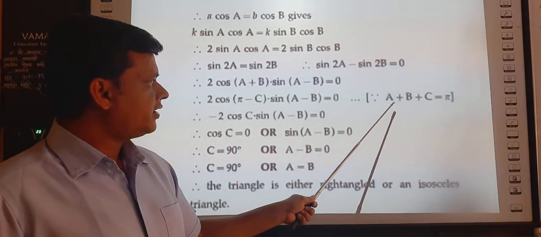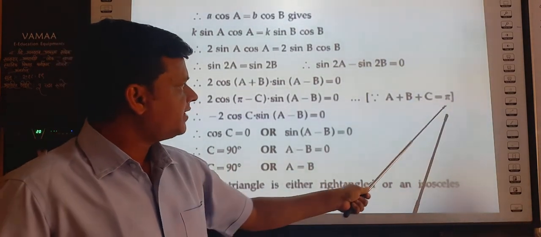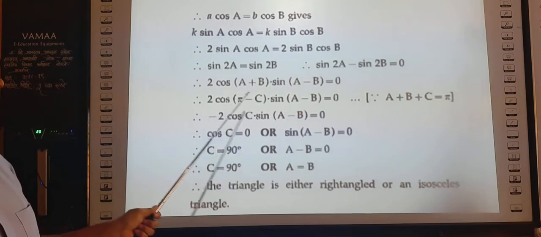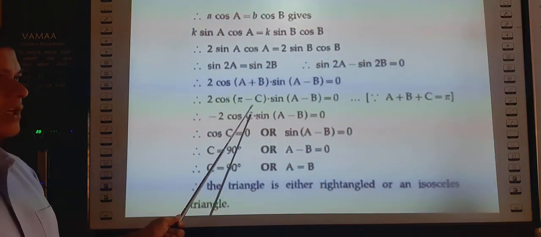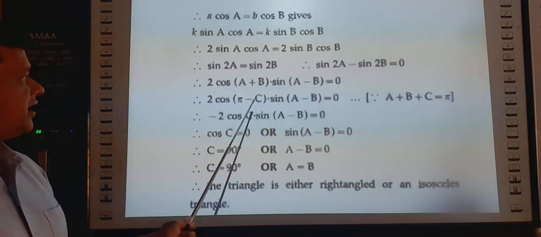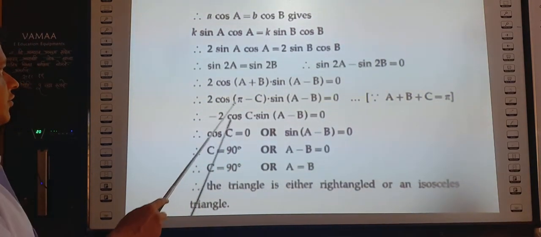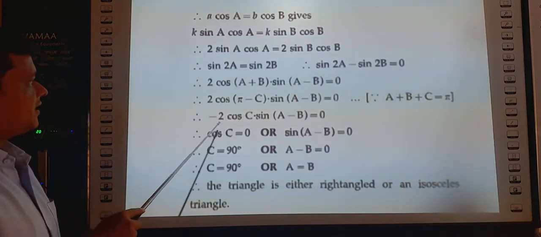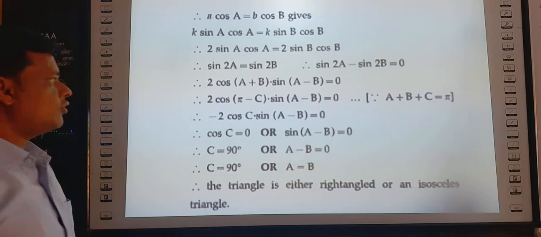Using the property a plus b plus c equals pi, we write a plus b as pi minus c. So we have to use the formula cos (180 minus theta) is minus cos theta. Using that formula we get minus 2 cos c into sin (a minus b) equals 0.